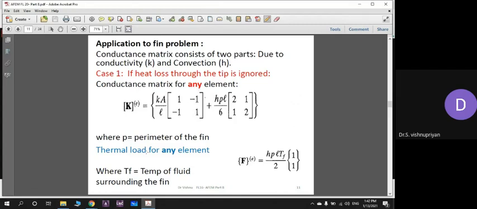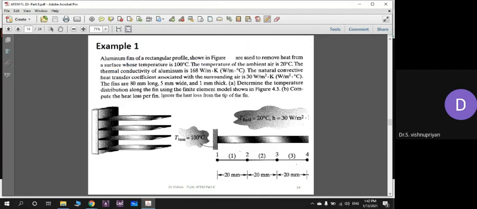Now the load vector for any element is given by H, P, L, all as here, and T F is the temperature of the fluid that is passing through the fin. For example, if you take this fin, there is air or some other fluid that may be passing over it. So that is the temperature T F of the fluid passing over the fin.